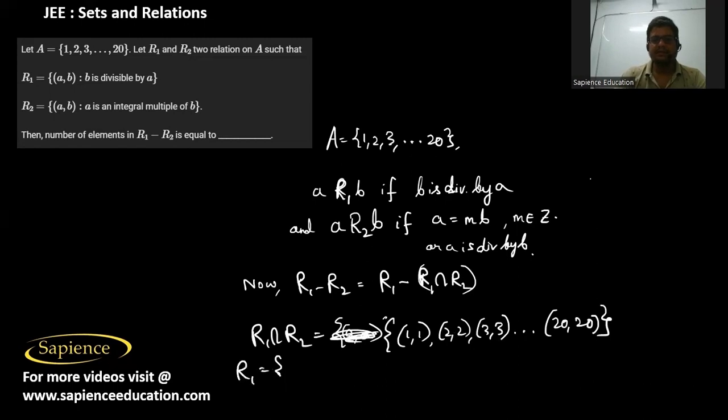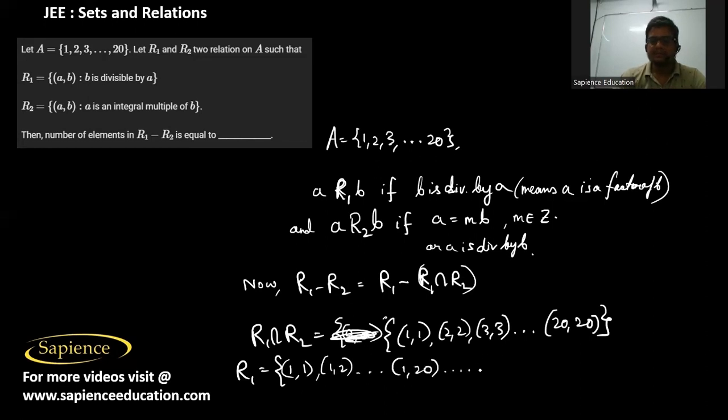And R1 is the set where B is divisible by A. So you can take 1 comma 1, 1 comma 2. Since here A should be a factor of B. B is divisible by A, it means A is a factor of B. So since 1 is a factor of every number, it will go till 1 comma 20, and then 2 comma 1.